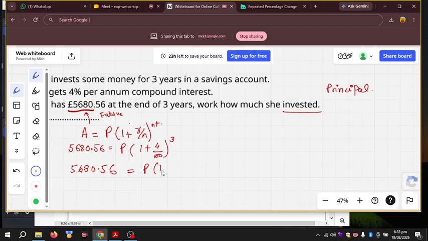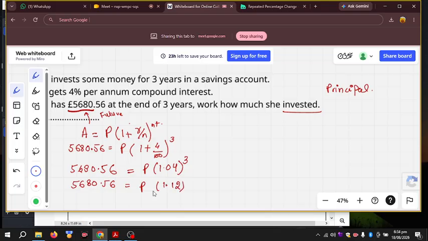So 1.04 to the power of 3. What will we get when we take the power? 1.12.